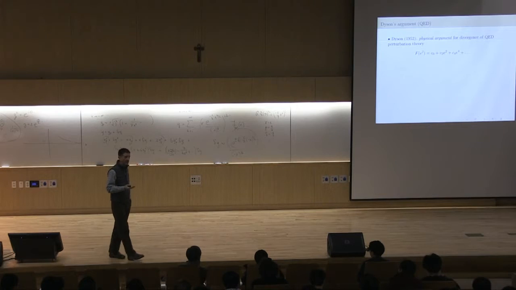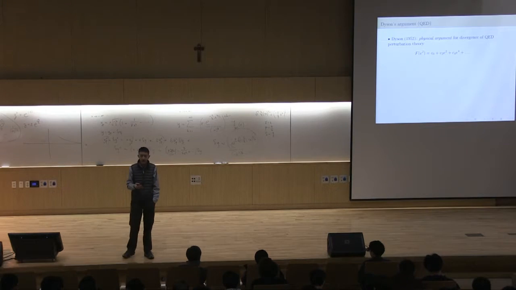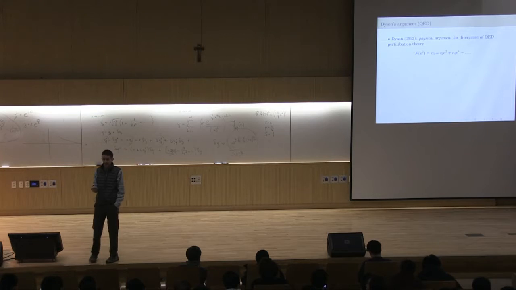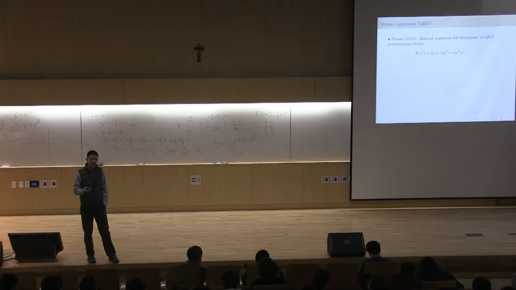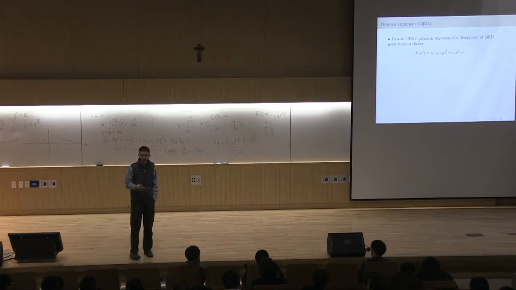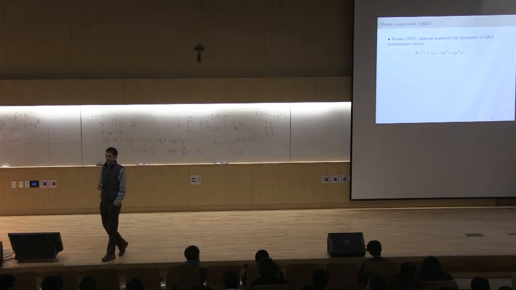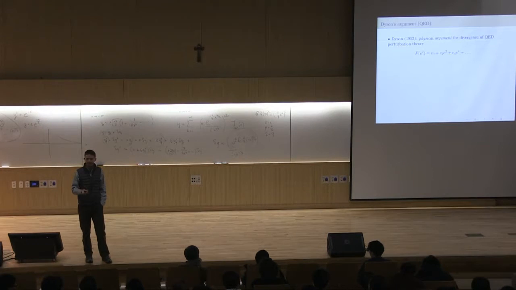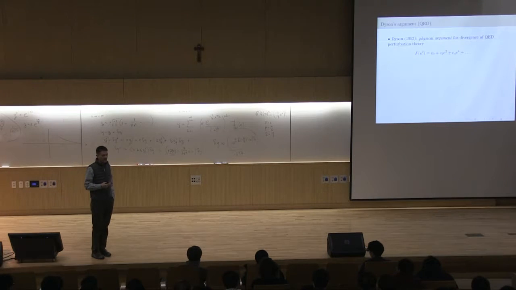At 4-loop, they're actually now computed completely analytically. It's amazing. There are 981 diagrams at 4-loop. At 5-loop, many of them are computed numerically, but we have the answer to maybe 5 digits. Going to higher loops is not going to happen very soon. So we need some other way of looking at the problem.